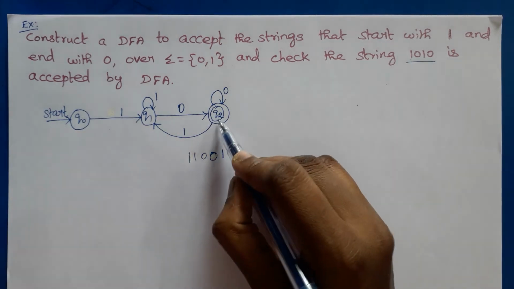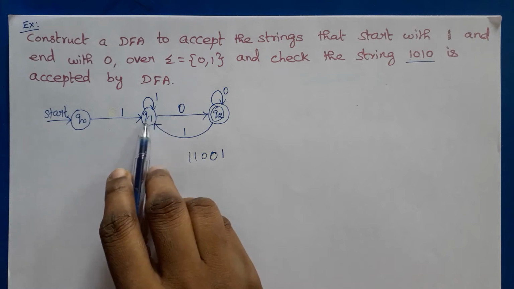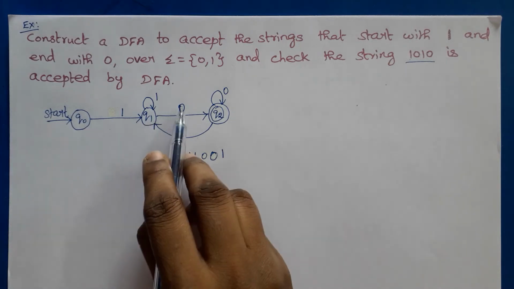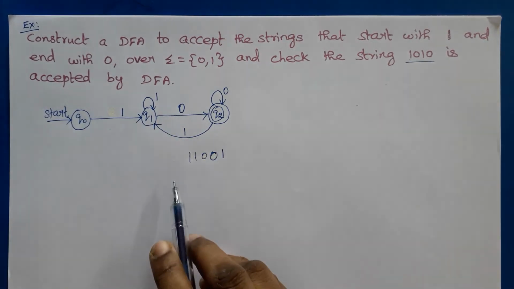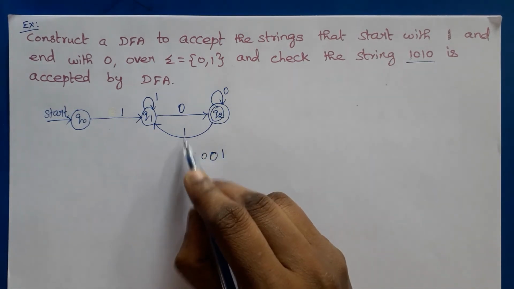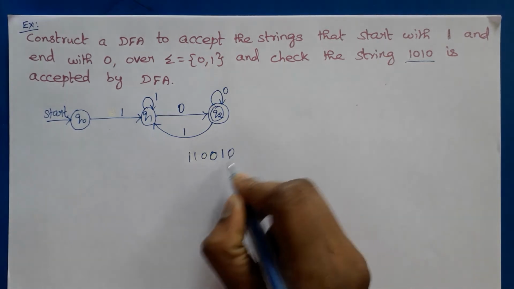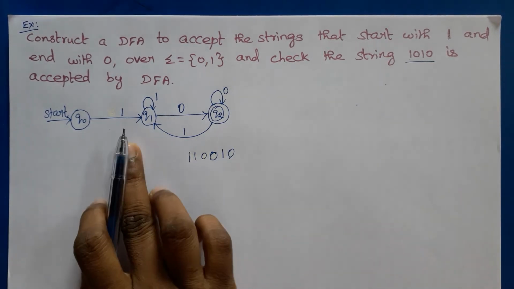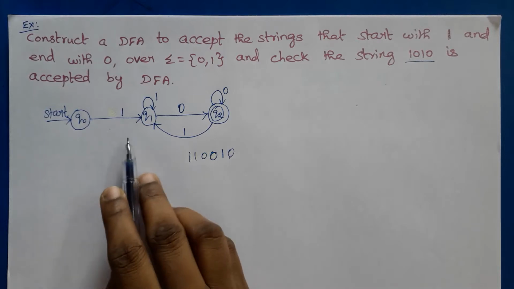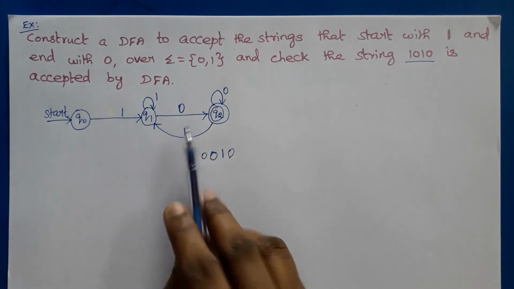So it has to go to the previous state, because from this state only by following 0 we can reach the final state. So from Q2, if 1 is an input symbol, it should go to the previous state. Then for the next input symbol 0, it can reach the final state. So this is the DFA for accepting all strings which are starting with 1 and ending with 0.